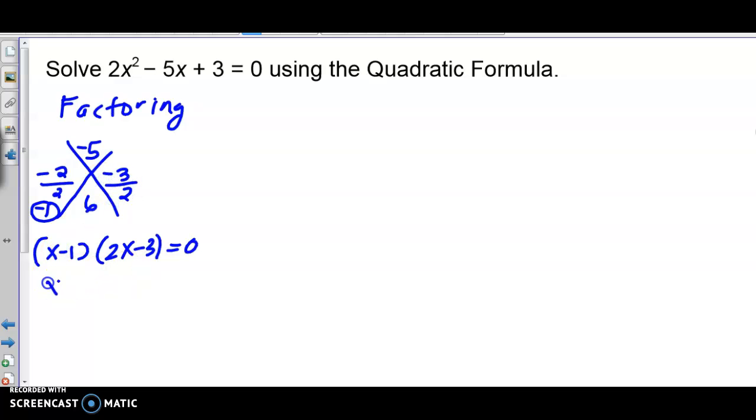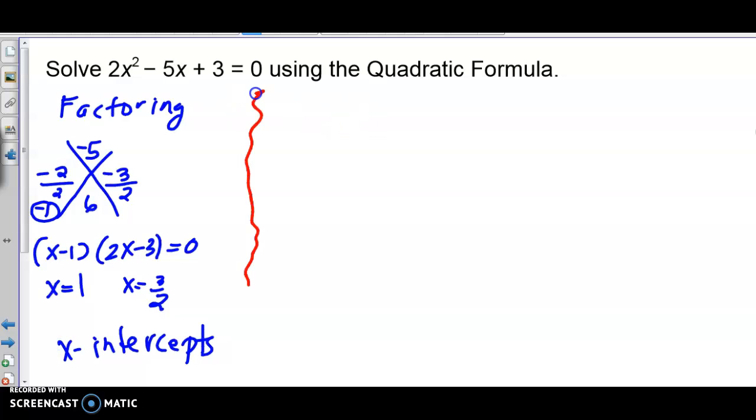So by using the zero product property, x is equal to 1, and x is equal to 3 over 2. So we haven't used the quadratic formula yet. We did it by factoring. And why did we do it by factoring? Because we figured out earlier that the discriminant is positive, so it has two real roots. In other words, it has two x-intercepts. There you go.